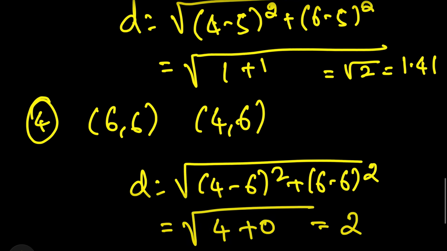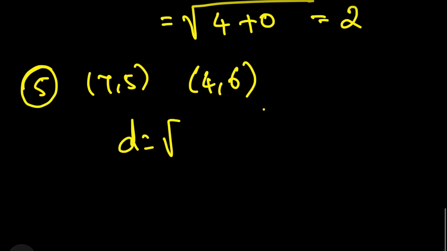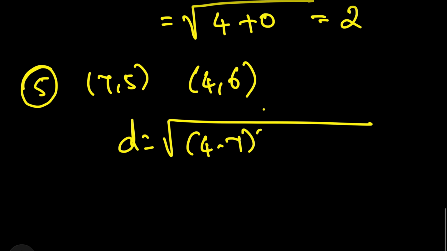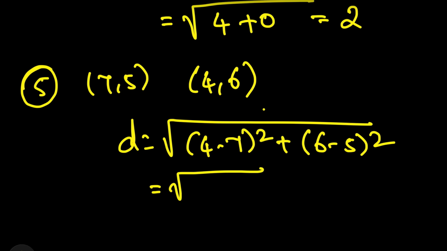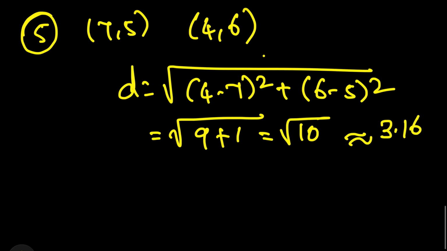I have to find the distance between 7, 5 and 4, 6. So the distance is root of 4 minus 7 the whole square plus 6 minus 5 the whole square. Now I'll get 9 plus 1 equals root of 10. So this will give you 3.16, right?